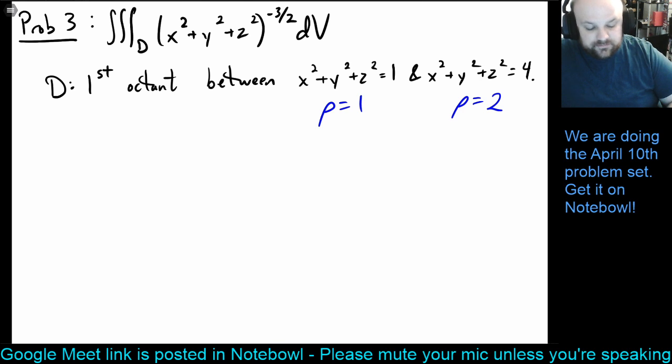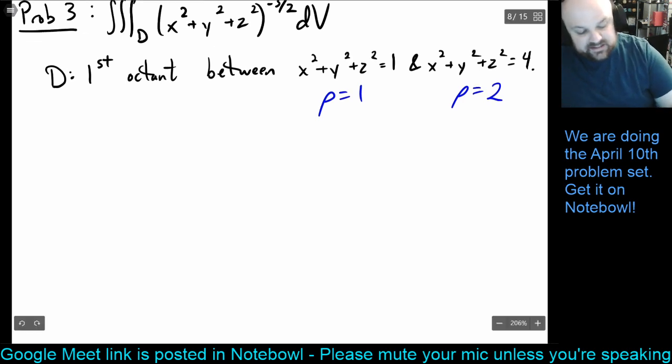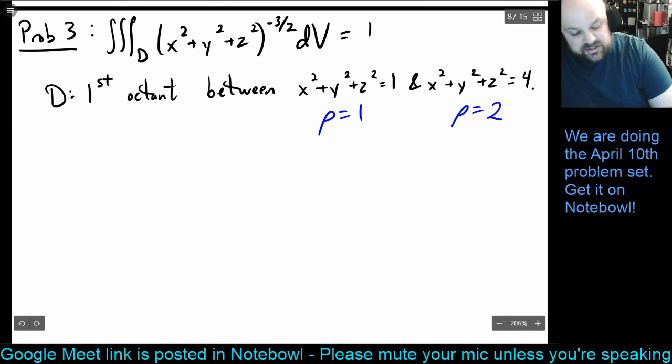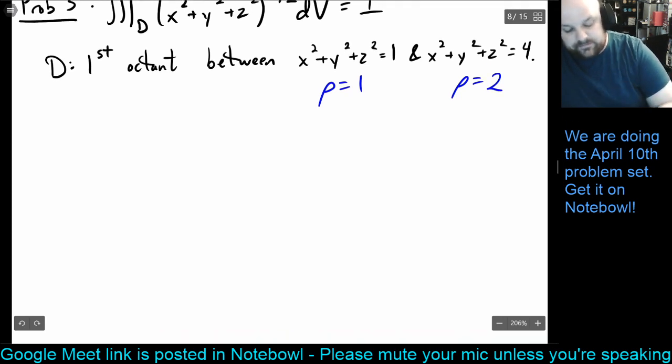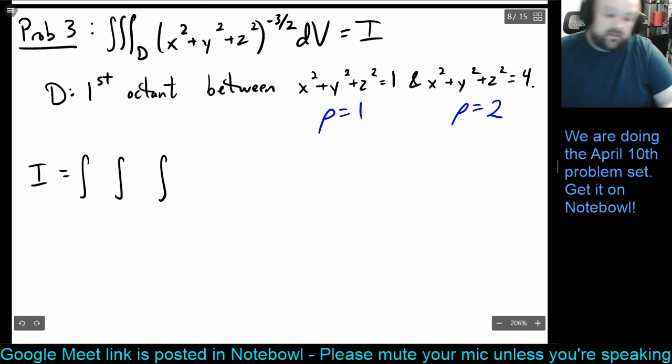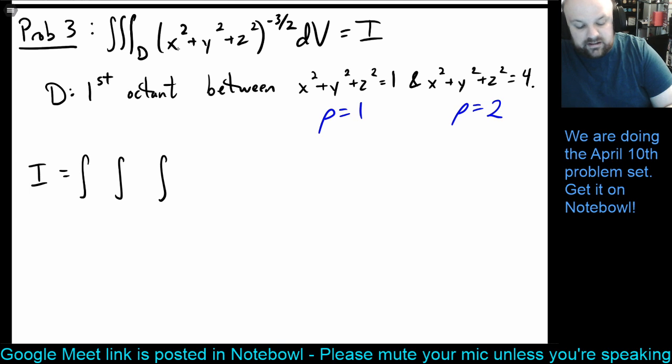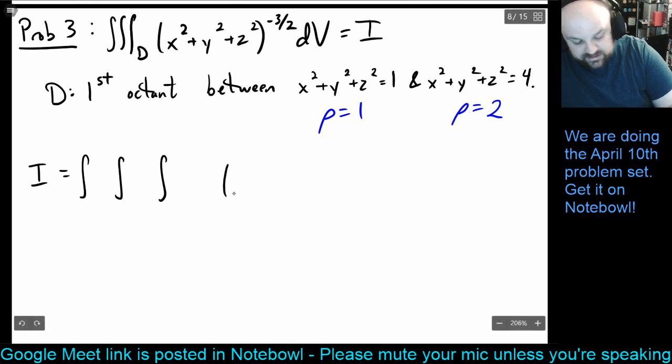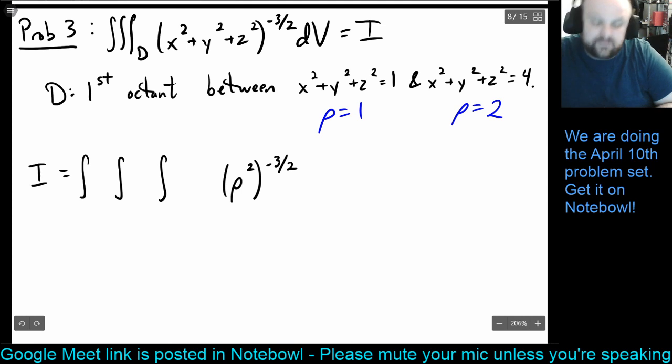So now we have to start setting up this integral. Again, let's call this I. This part here, the actual integrand, we just need to convert to spherical. Remember, x squared plus y squared plus z squared is rho squared. So this is rho squared to the minus 3/2.